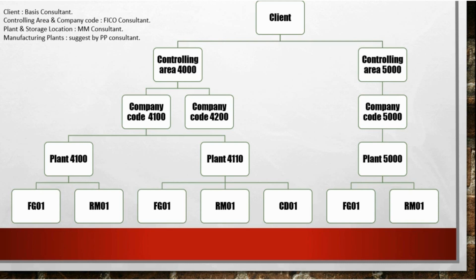The PP consultant may only suggest to the MM team that manufacturing plants can be taken here and there. Those plants are also predefined if you are in a project, because the plants have already been established by the company itself. So you just have to create the org structure in SAP.